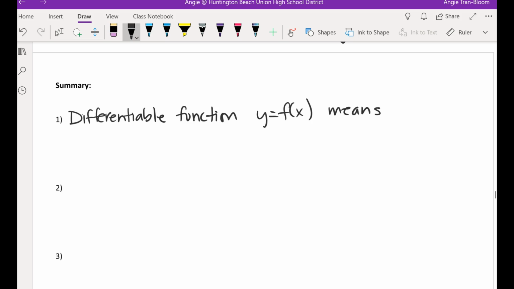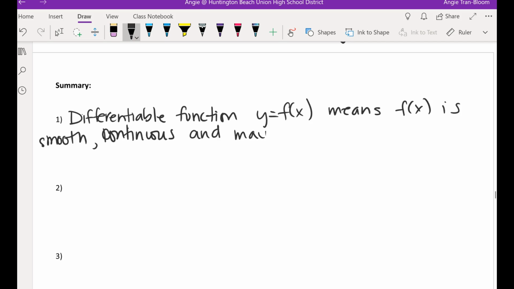A differentiable function, let's call it y equals f of x, means f of x is smooth and continuous, and may or may not have increase or decrease.